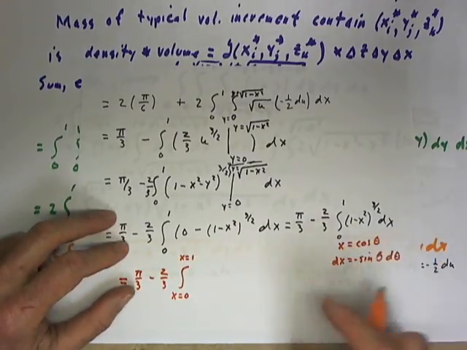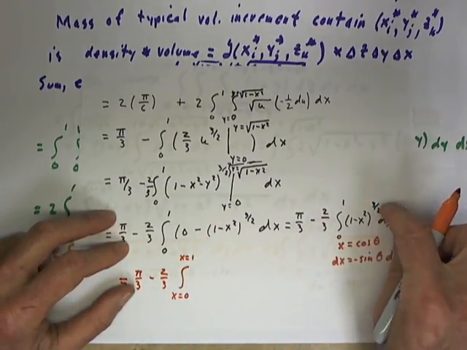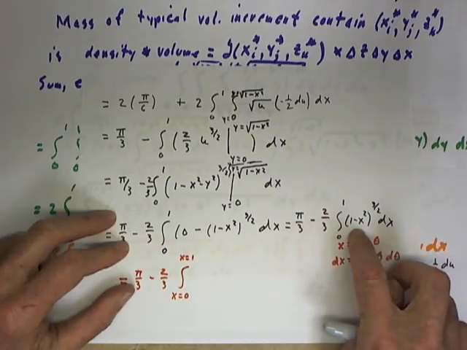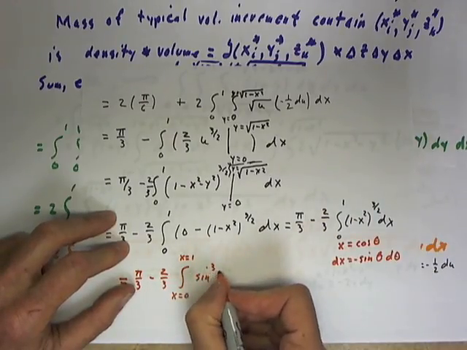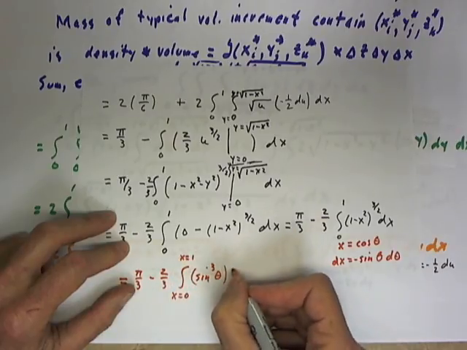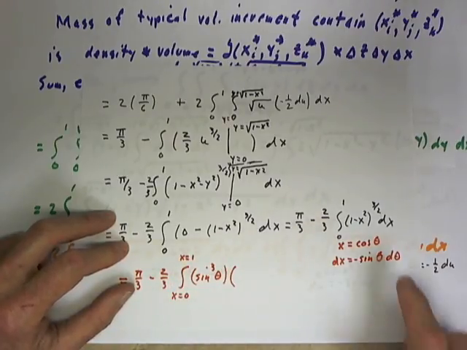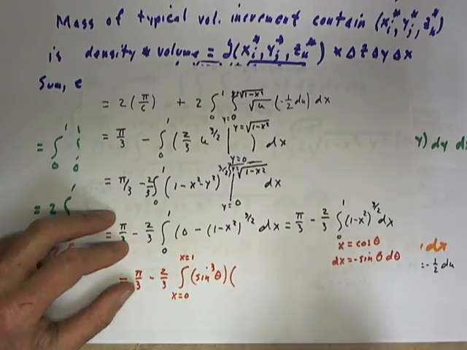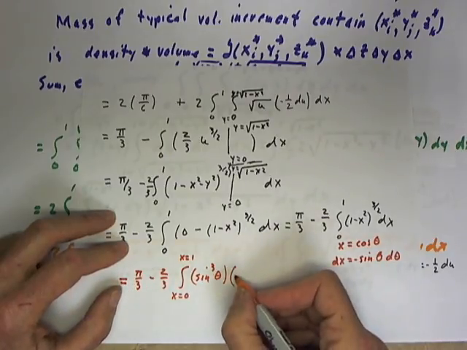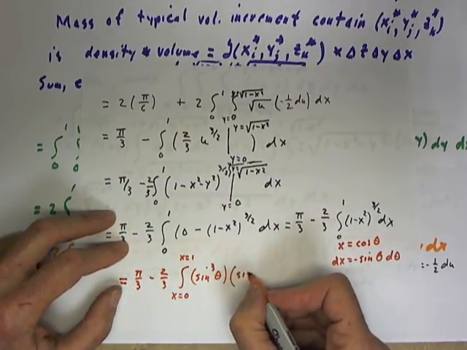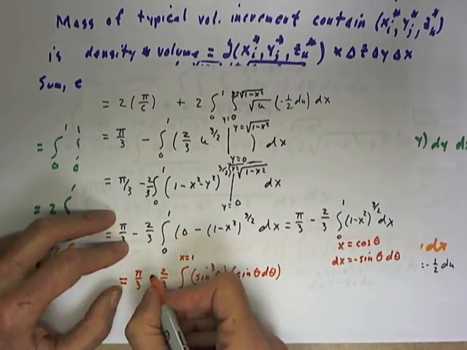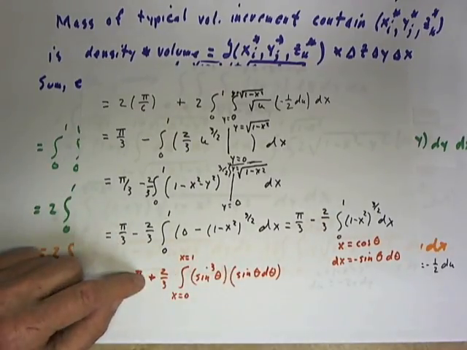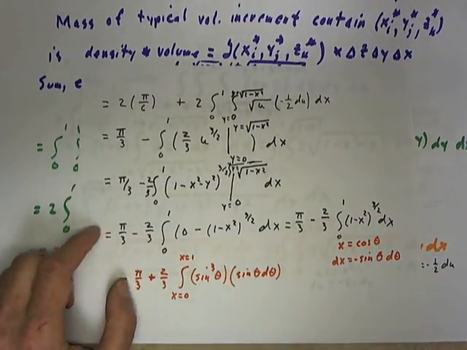But now in terms of theta, 1 minus cosine squared theta to the 3/2 is sine squared theta to the 3/2, which is sine cubed theta, multiplied by our dx, which is negative sine theta d theta. I'll put a sine theta d theta out here and take care of my negative by making this sign positive.